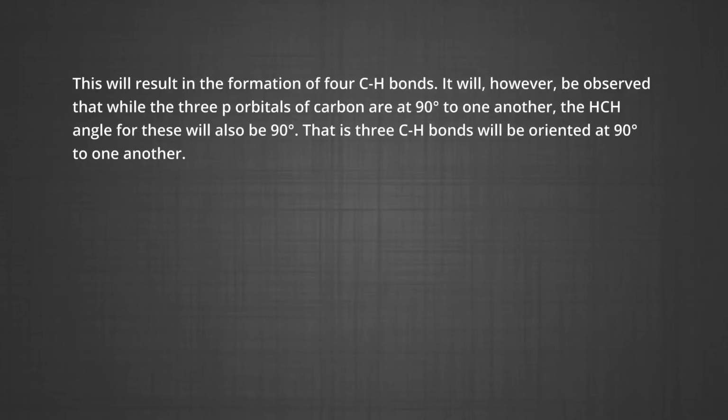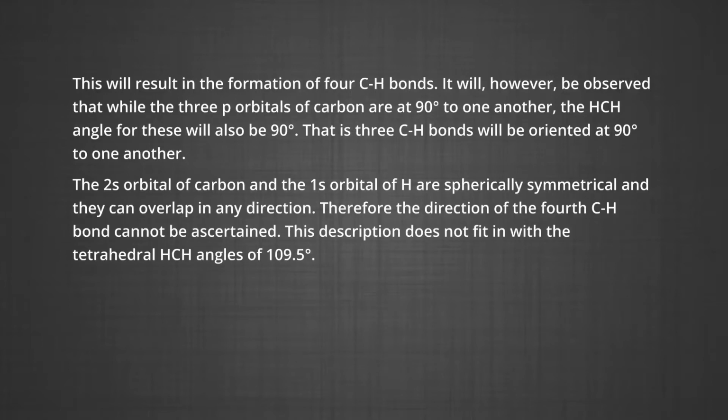It will however be observed that while the 3 p orbitals of the carbon are at 90 degrees to one another, the HCH angles for these would also be 90 degrees. The 2s orbital of carbon and the 1s orbital of hydrogen are spherically symmetrical and they can overlap in any direction.